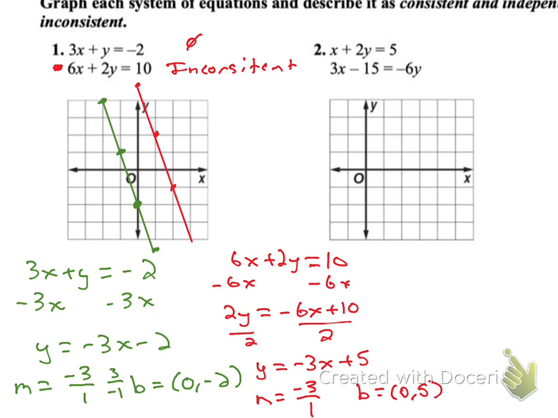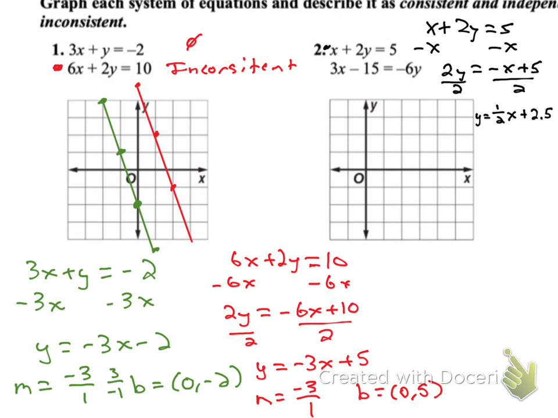Number 2. For the first line, I need to subtract x, which gives 2y equals -x plus 5. Divide by 2: y equals -1/2 x plus 2.5. Make sure that has a negative. The y-intercept is at 2.5, and I go down 1, right 2.